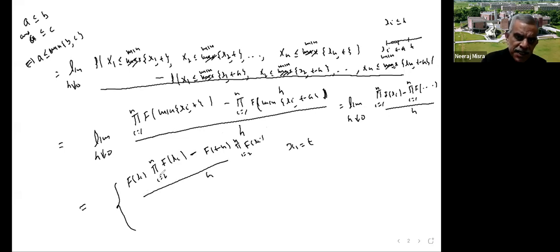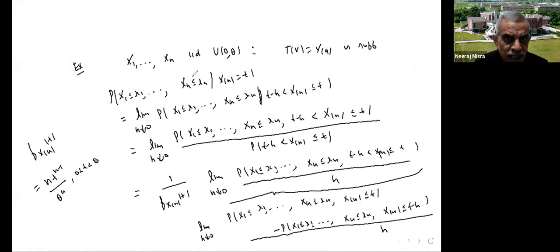Now f of t, this is common, and f of t minus h by h will give you a density. Similarly, x2 is equal to t and so on. So this was one way to do it using the distribution function.